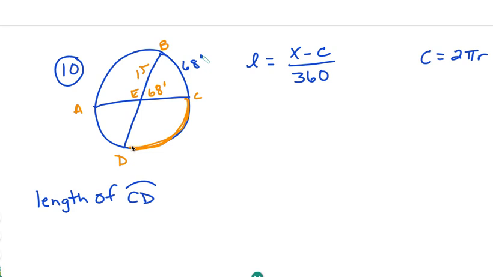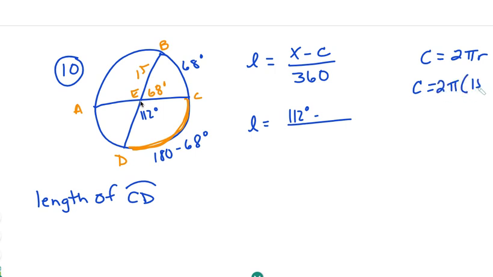And I'm going to look at now figuring out how big this arc would be. So because this goes through the center, I'm going to take 180 minus 68 degrees, and that's going to give me 112. So now I have L equals 112 degrees times the circumference. So the circumference is going to equal 2 pi times the radius, which is 15.